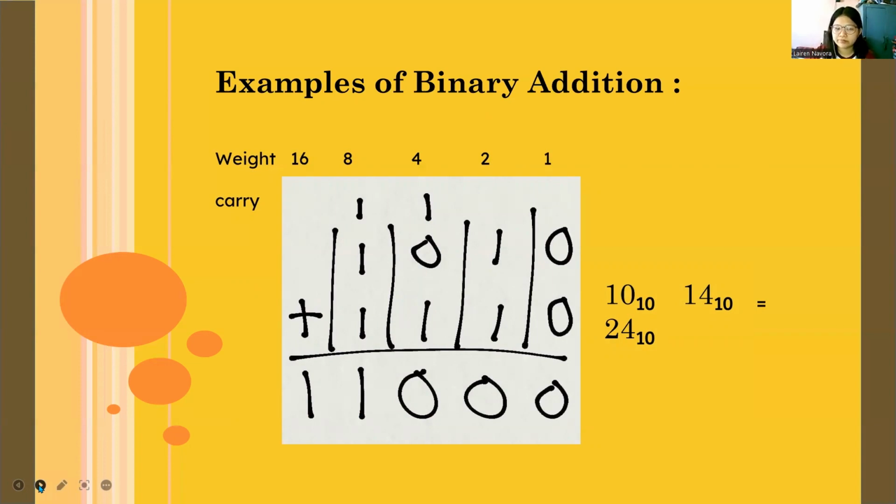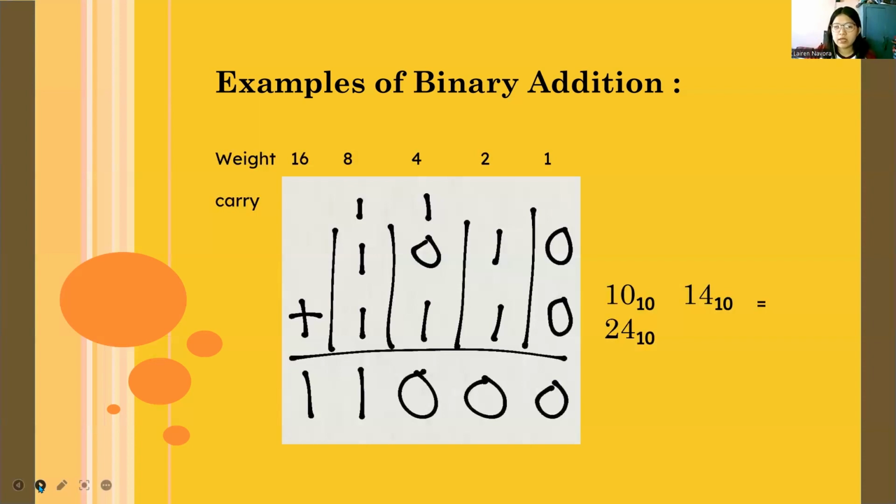Now if we move to the next column, we have 0 and 1 as a carry from the previous column. So effectively, we have 1 plus 1. Once again, this 1 plus 1 is equal to 0, with 1 as a carry to the next column.